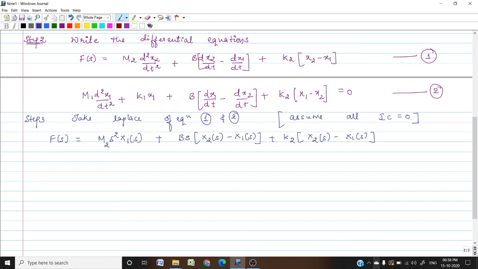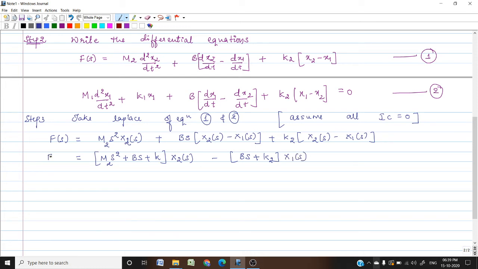So that way it will be easy. Sorry, this has to be x2. This is x2. We'll just separate the terms. So (m2 s² + bs + k) x2 of s, then minus (bs + k2) x1 of s.